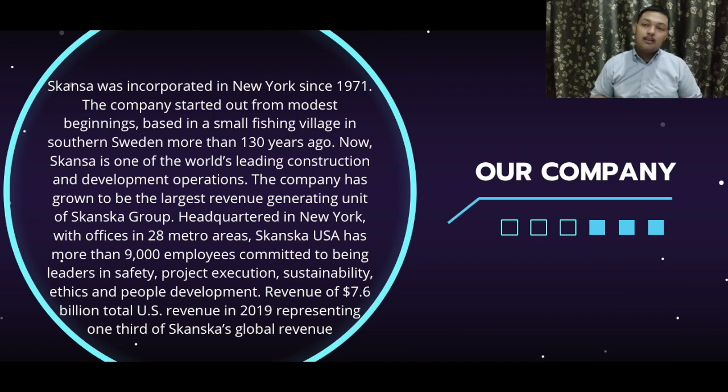The headquarters is in New York, with offices in 28 metro areas, and Skanska USA has more than 9,000 employees that are committed to being leaders in safety, project execution, sustainability, ethics, and people development. The revenue of 7.6 billion in total US revenue in 2019 represents one-third of Skanska's global revenue.